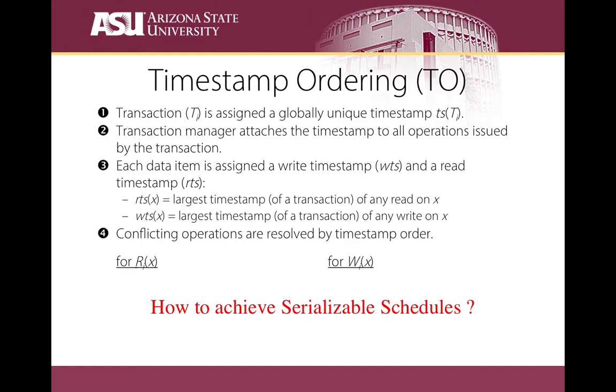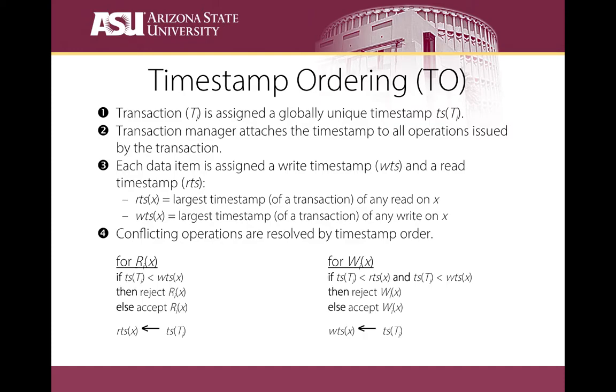What do you guys think? Again, the read timestamp of X is the largest timestamp of a transaction that has read X, and the write timestamp is the same, but for writing, not reading.